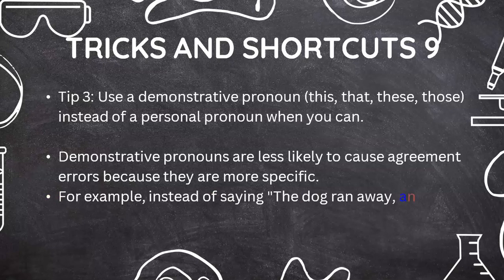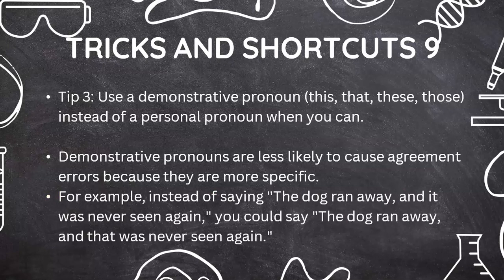For example, instead of saying the dog ran away and it was never seen again, you could say the dog ran away and that was never seen again. Okay, so do not be gender specific, use demonstrative pronouns here.